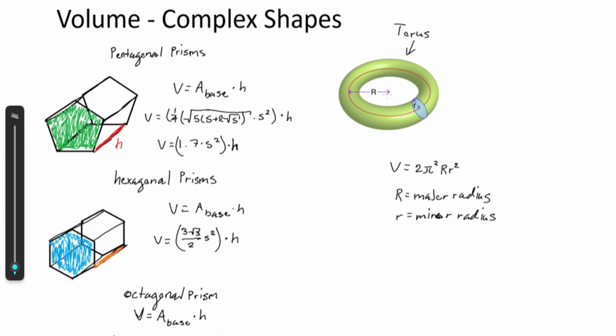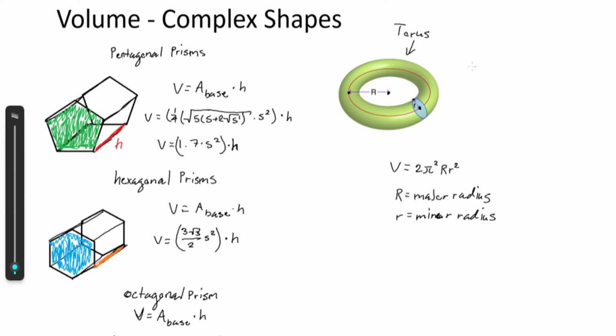The major radius is from the very center point of the entire shape all the way to the center point of the actual torus ring part. And then the minor radius, which you can see with the points I plotted here, is from the center point of the torus ring circle all the way out to the edge here.